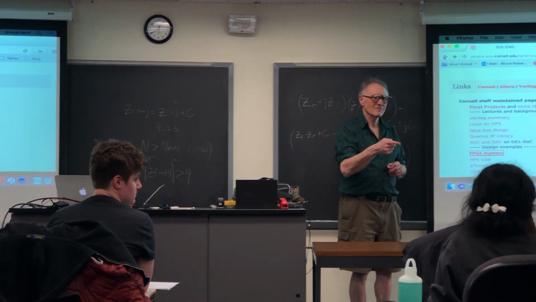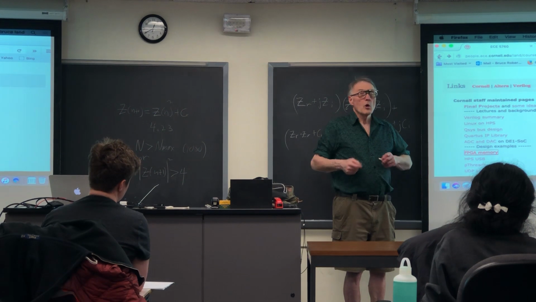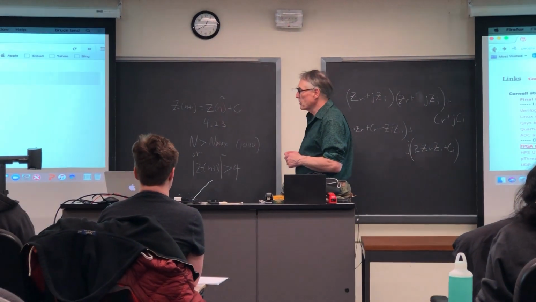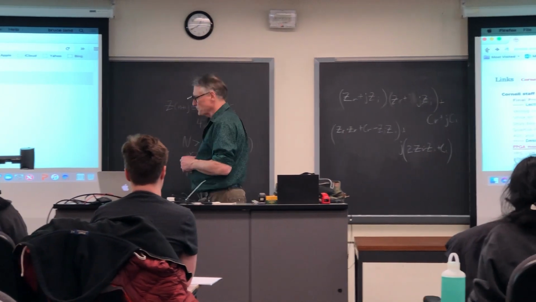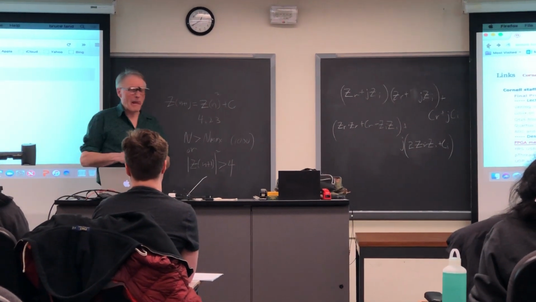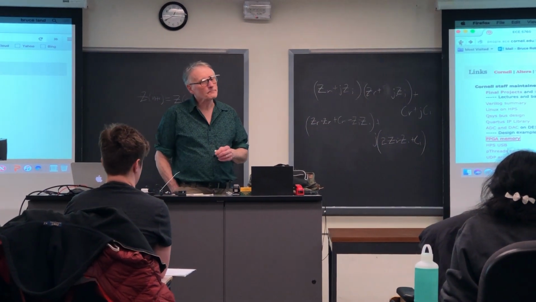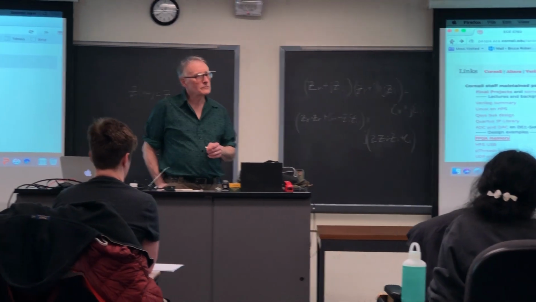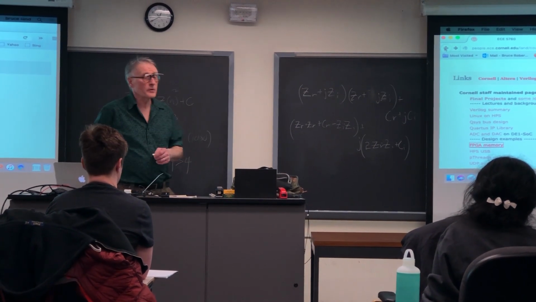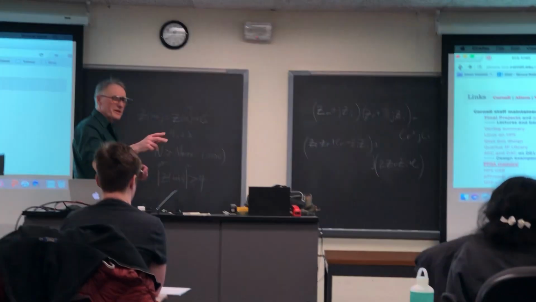Is there an easier way of finding squares than multiplying? Oh, yes. No, there's no faster way to do that. What you're referring to are these weird approximations.